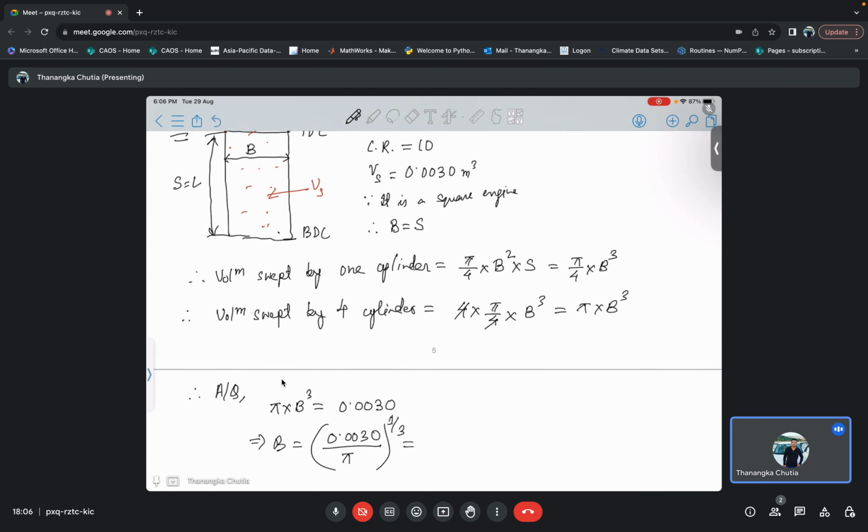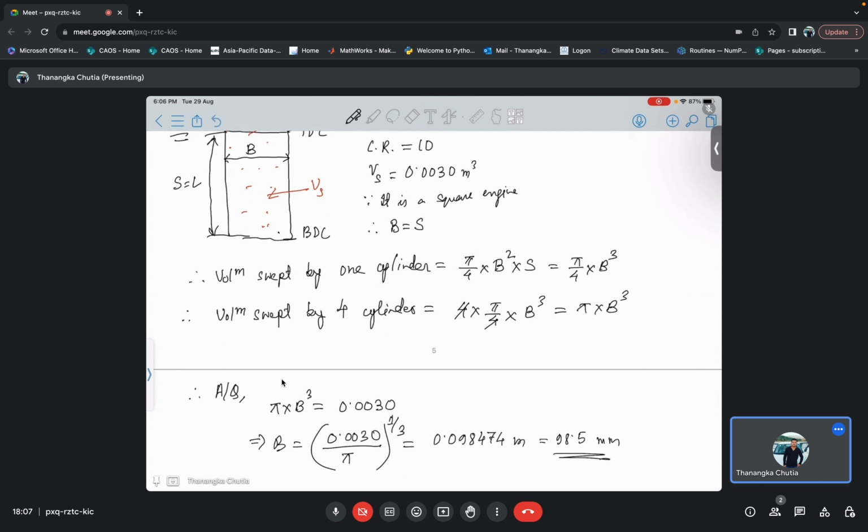So this will be equal to 0.09847 meter, which can also be written as 98.5 millimeter.